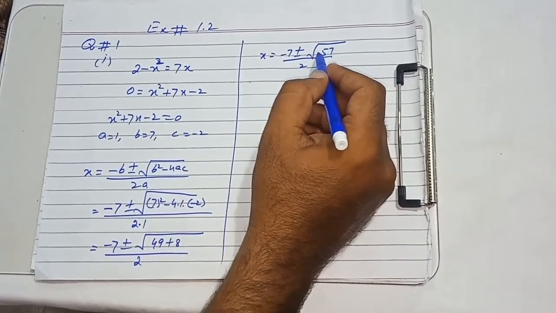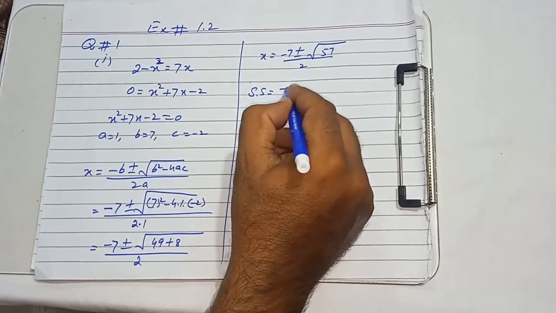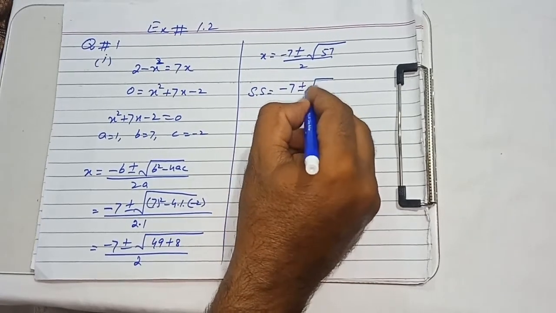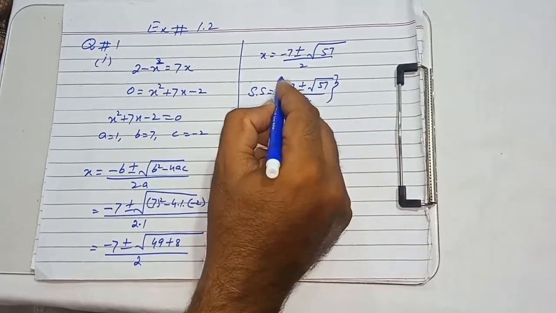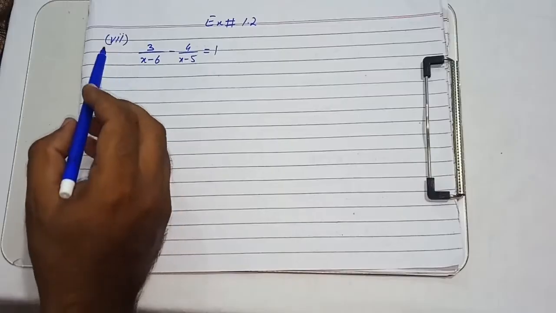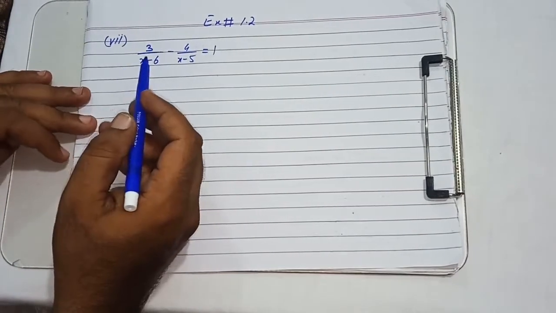It cannot be simplified anymore. So our solution set will be minus 7 plus minus under root 57 over 2, written in the form of a set. Now I am going to solve the seventh part of exercise 1.2.